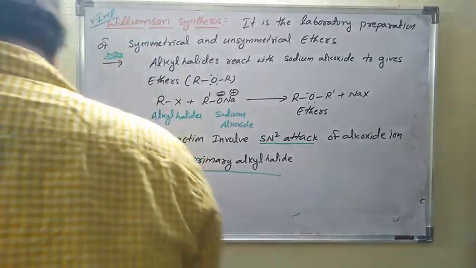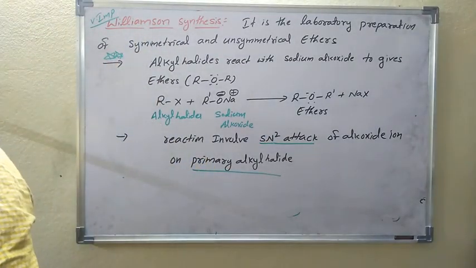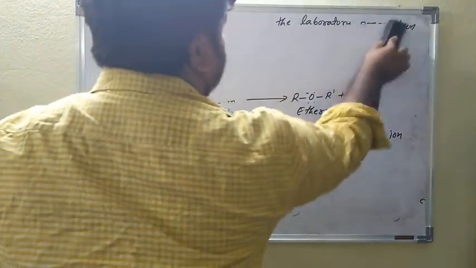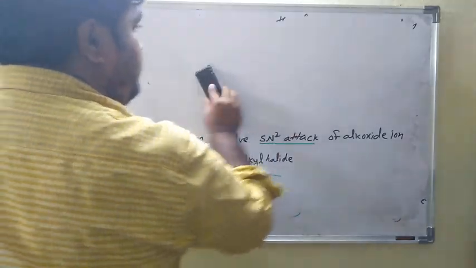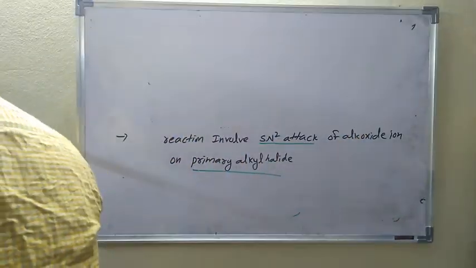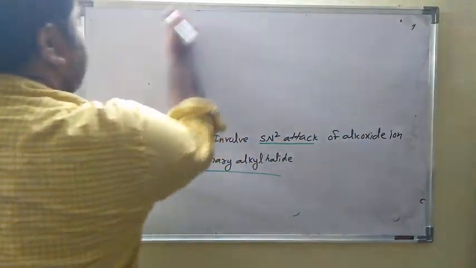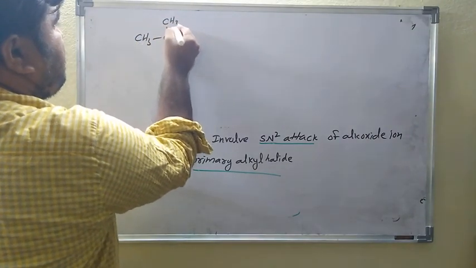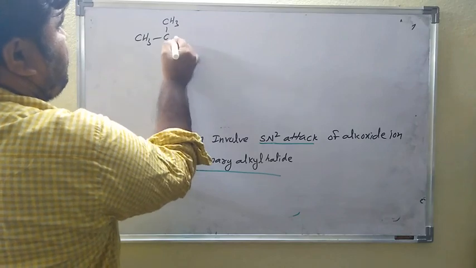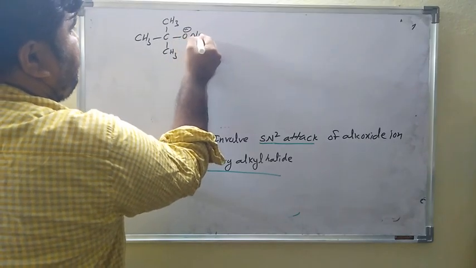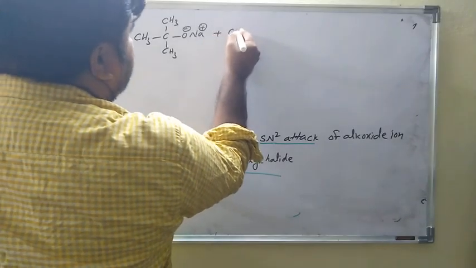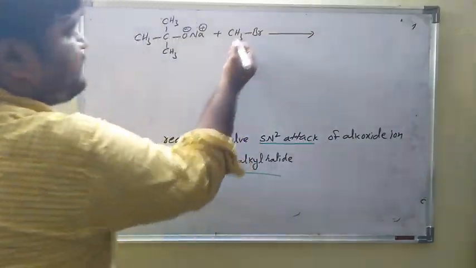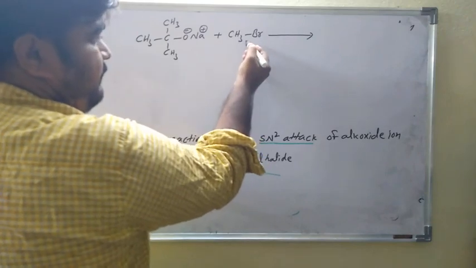Let us see one equation. Sodium tertiary butoxide, (CH3)3CO minus Na plus, reacts with methyl bromide. This is a primary alkyl halide only, methyl bromide.